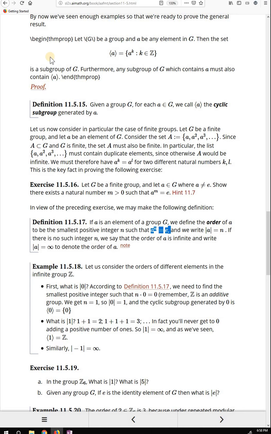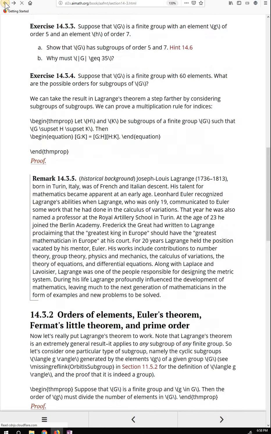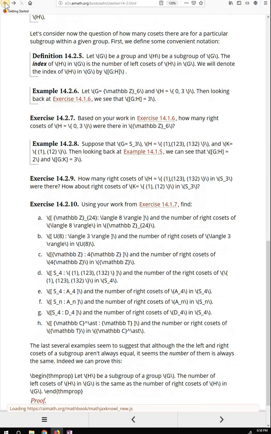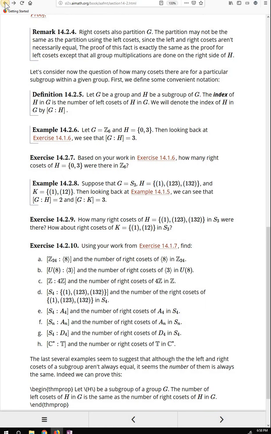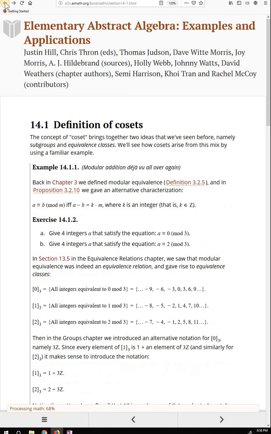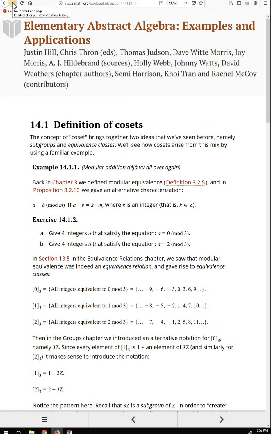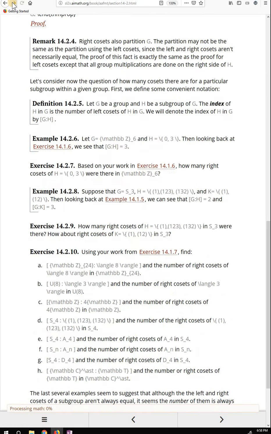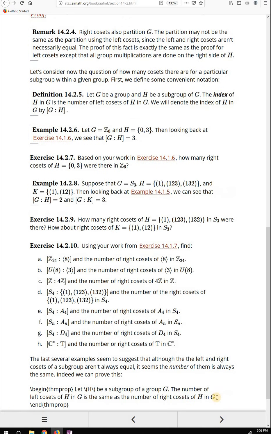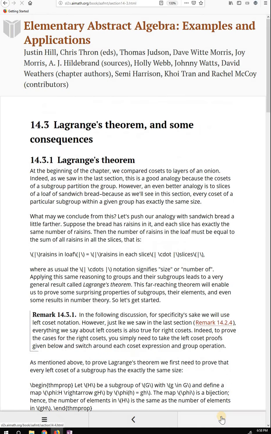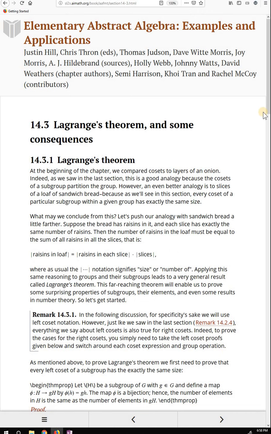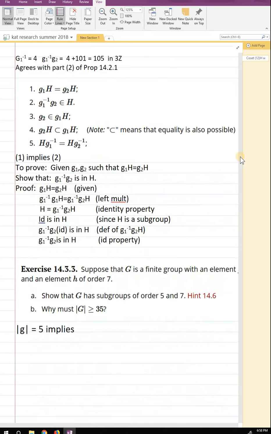So what it's saying here in this problem, let me go to the next one. What does this mean?